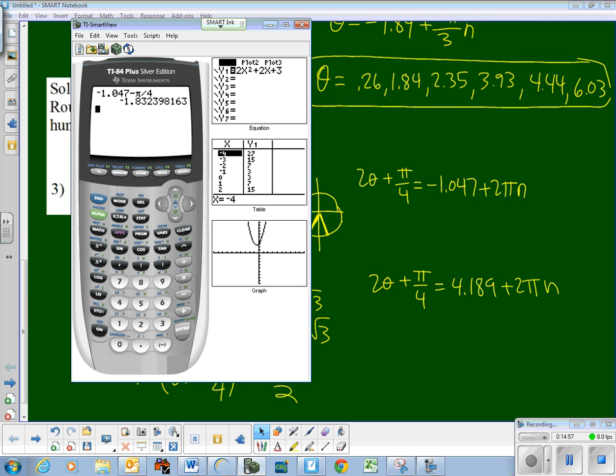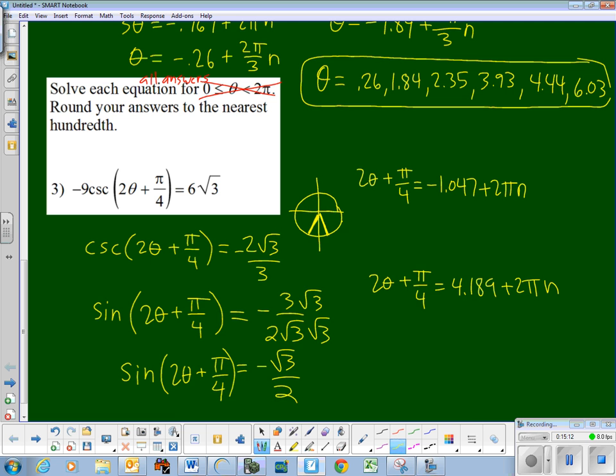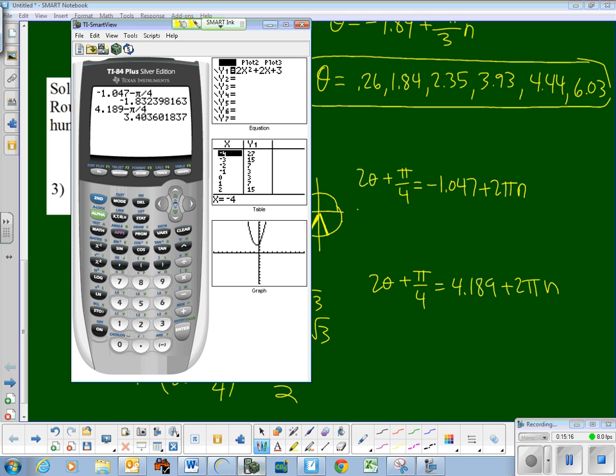And then the other version is going to be 4.189 minus pi over 4. And the first one would have been, let's see, 2 theta equals negative 1.83 plus 2 pi n. The second one is 2 theta equals 3.40 plus 2 pi n.